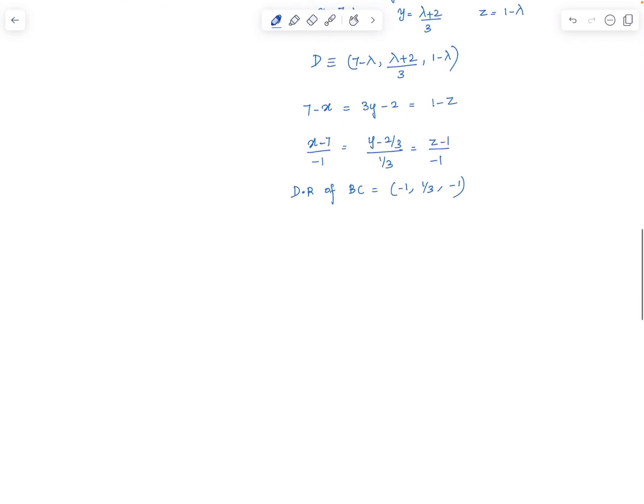Similarly, let's get it for AD. Direction ratios of the line AD is 7 minus lambda minus 2, lambda plus 2 by 3 minus 3, 1 minus lambda plus 3, which is equal to 5 minus lambda, (lambda minus 7) upon 3, 4 minus lambda.